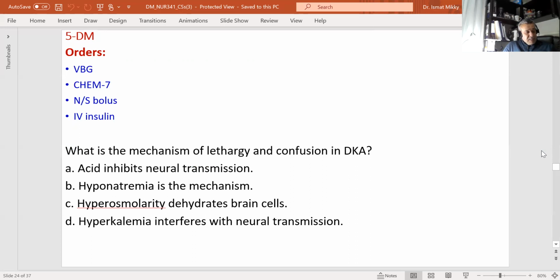So the brain doesn't think well with high osmolarity, as the water is being sucked from the brain cells, and also the brain will switch to use the ketone bodies as a source of energy.